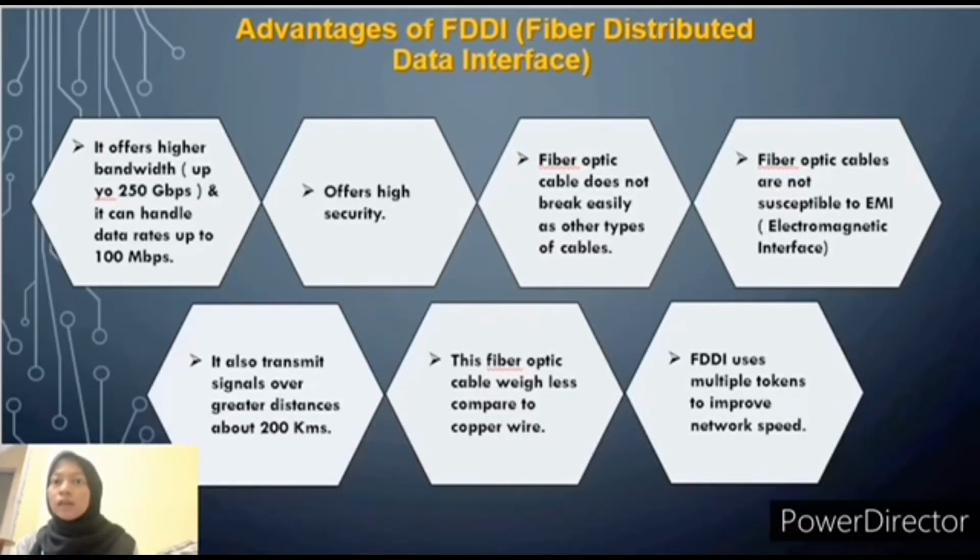Then, fiber optic cable also weighs less compared to copper wire. It means that it is better and different from others. Lastly, FDDI uses multiple tokens to improve network speed, which is that they use two token rings, the primary ring and the secondary ring.